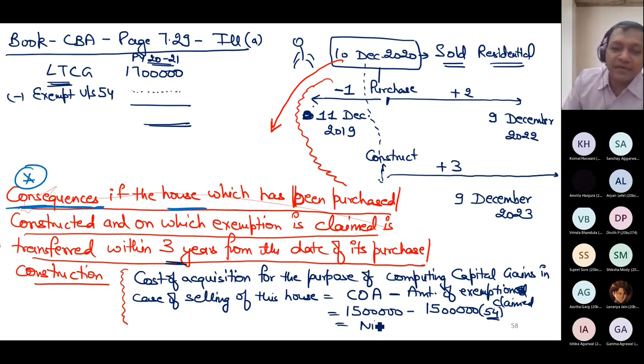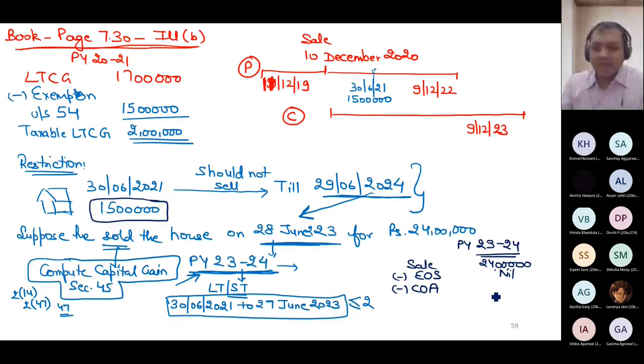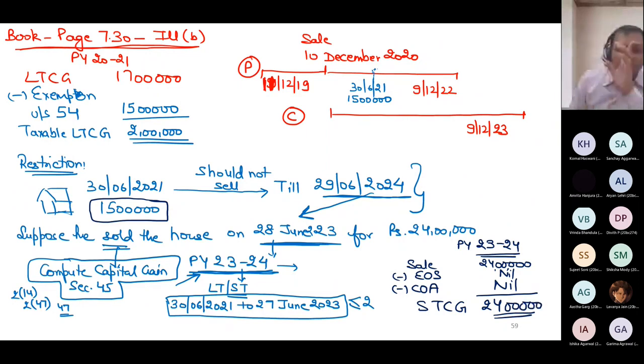Technically, you will say that your cost is nil. This is the way they have taken back your exemption. So my cost indirectly becomes nil. And since it is short term, it will become my short term capital gain in the previous year 23-24.